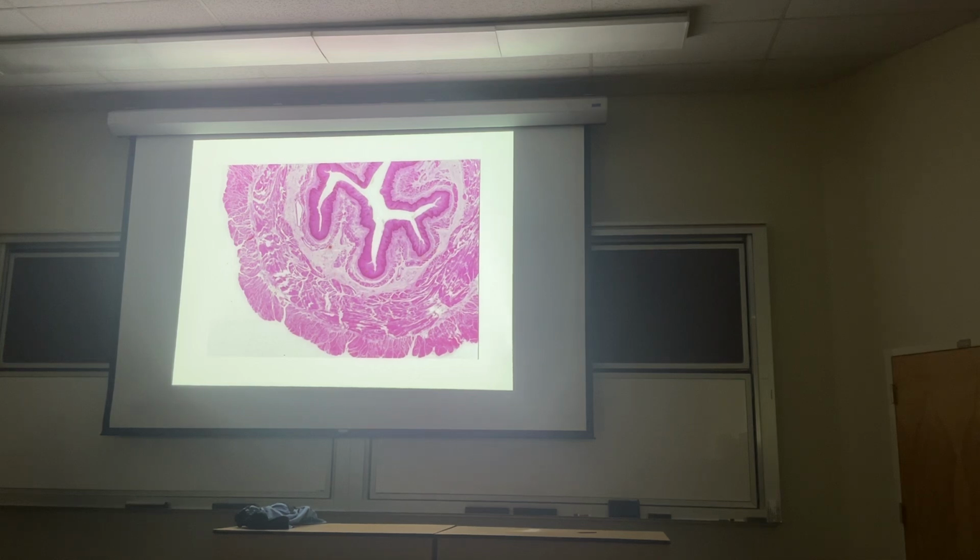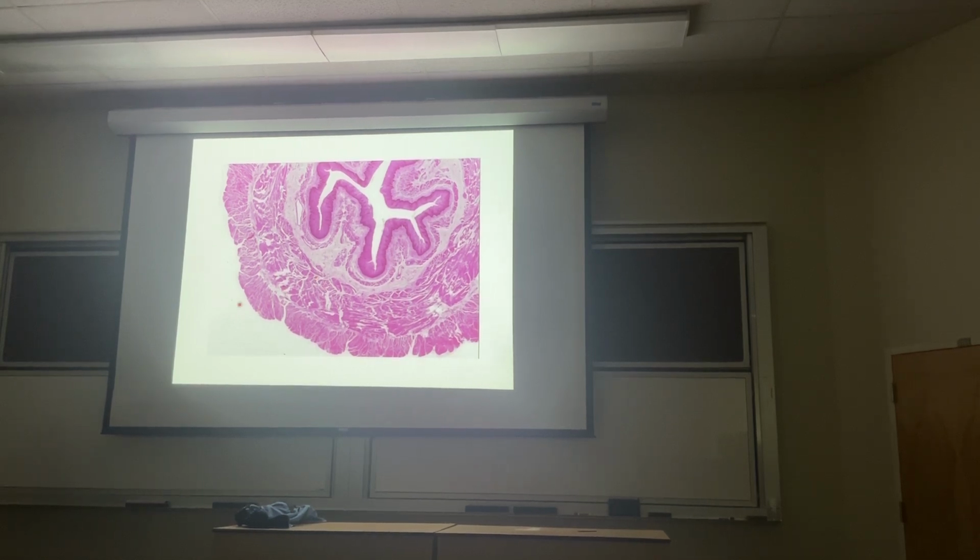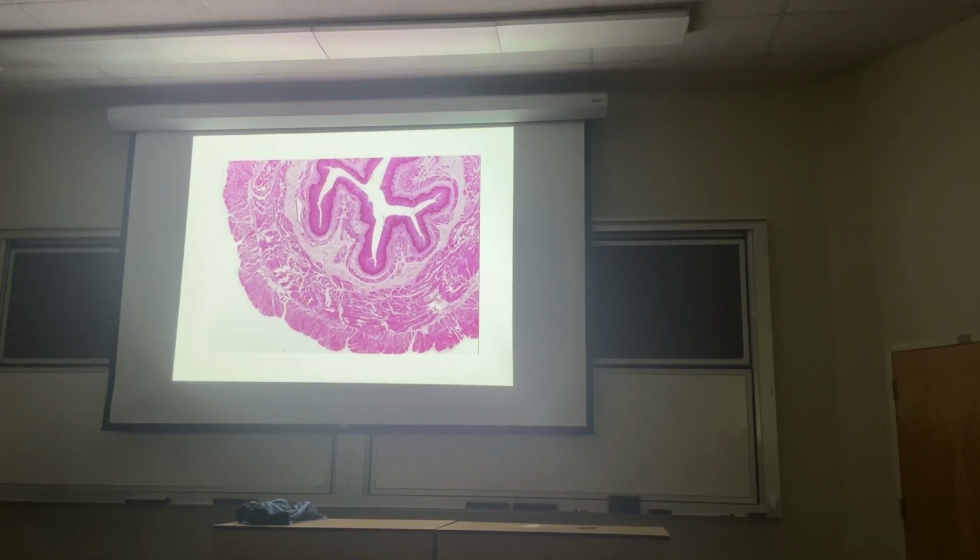This is our submucosa. We see a little bit of glands there. These are blood vessels. And then we see the muscularis externa. So we're seeing a couple different layers here. Again, we could see ganglion in between here very often if we look around.